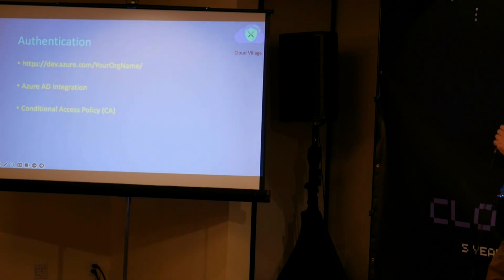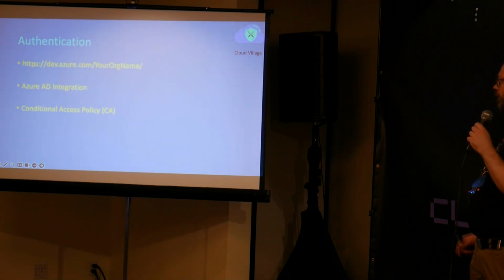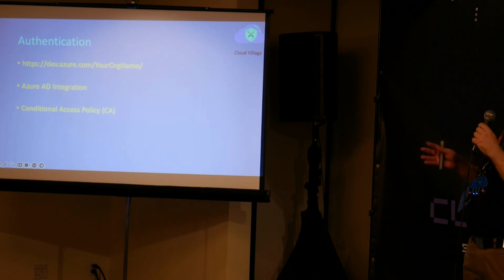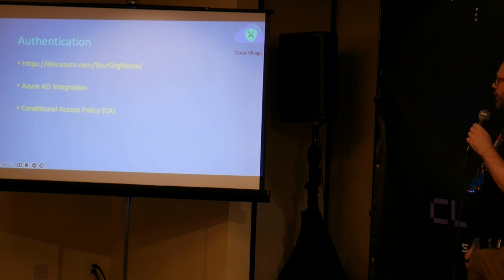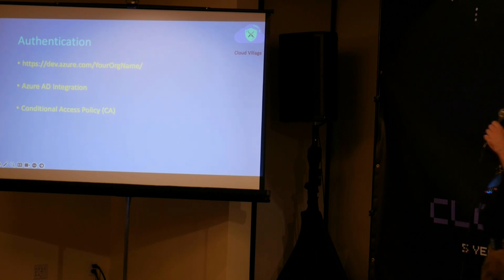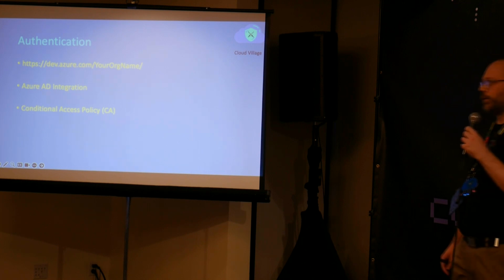So I will have a demo video as well after I talk about all the security controls, and we will see what could happen. So the first thing is you want to authenticate and reach your Azure DevOps. You will do this by opening dev.azure.com/your organization name that you created, and it will be a username and a credential.